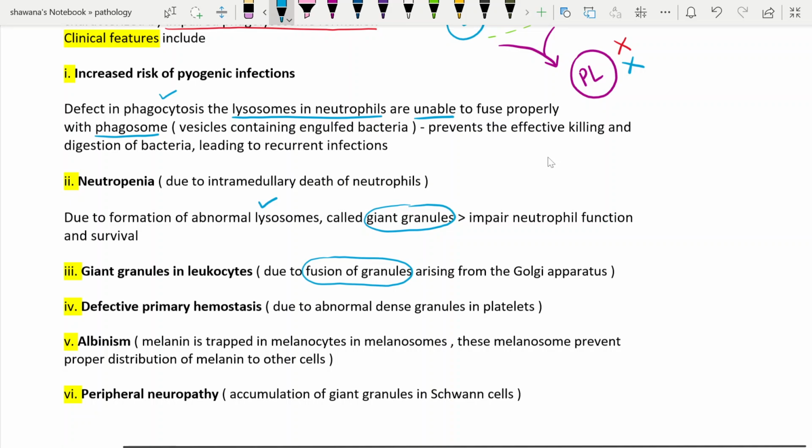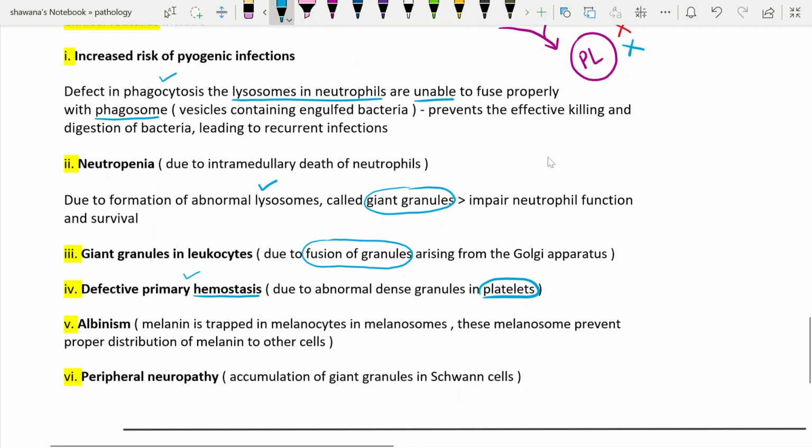The fourth is defective primary hemostasis. Hemostasis, or blood clotting, is the function of the platelets, right? Platelets are also blood cells. Inside the platelets there will be formation of dense granules, and they will impair the function of the platelets, that is hemostasis. So there will be a defect in primary hemostasis.